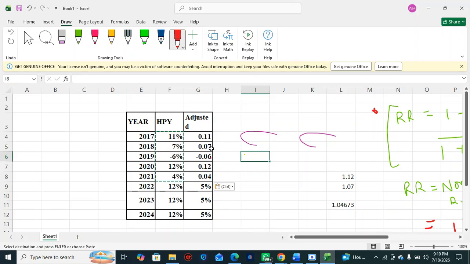It's converting it into two decimals. Percent, 7%, negative 6%.